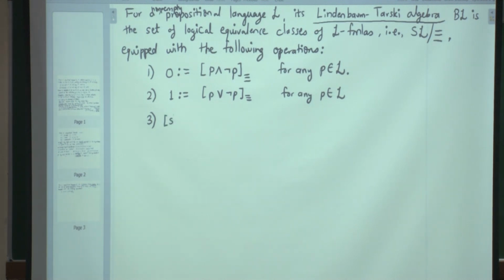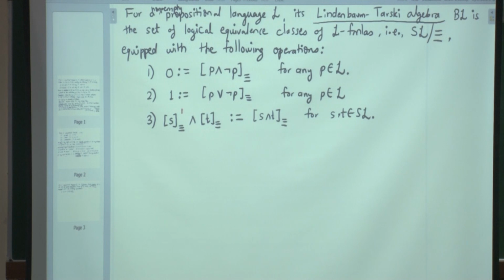Then the third operation is I should define what is the meet of two classes. So, this is my first class and this is my second class. What should I define it to be? The class of S conjunction T, for S and T in SL. See, what we are writing, it still has to make sense. Now, please pay attention.